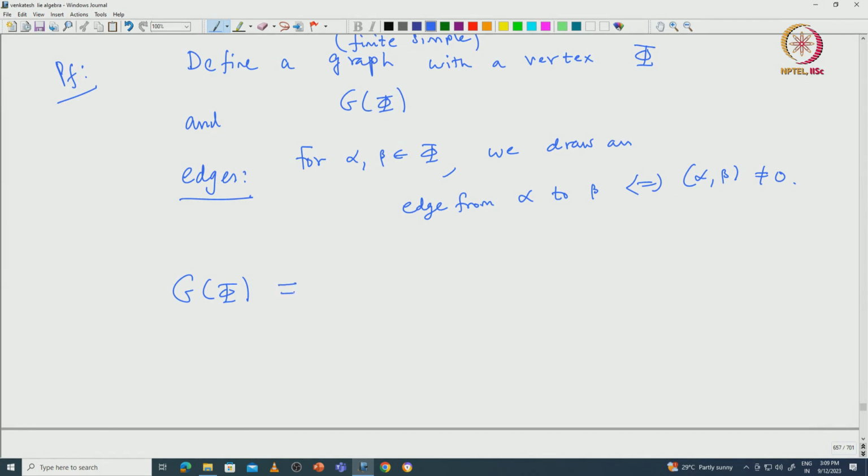So, G of phi can be written as G1 union etc. Gk. This is a disjoint union of graphs such that each Gi is a connected simple graph.